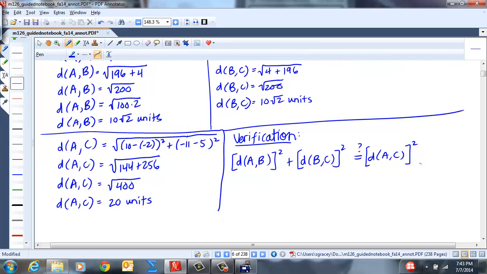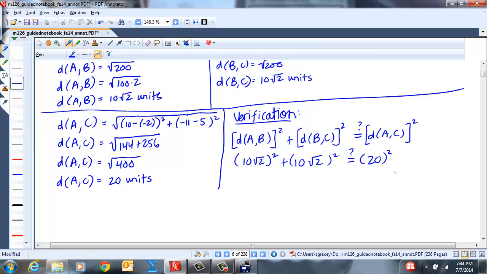So let's check it out. We got this distance was 10 root 2, as was this distance. And we want to know, is that equal to, we got 20 units for this guy. So 10 root 2 squared is going to be 200.